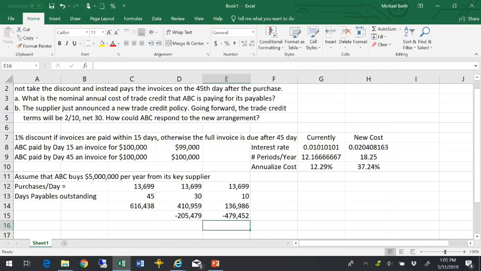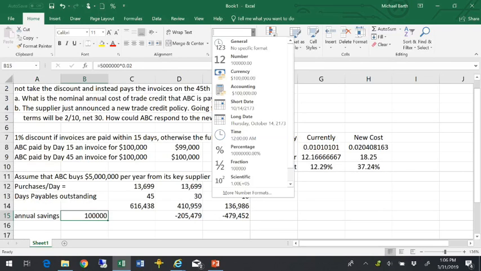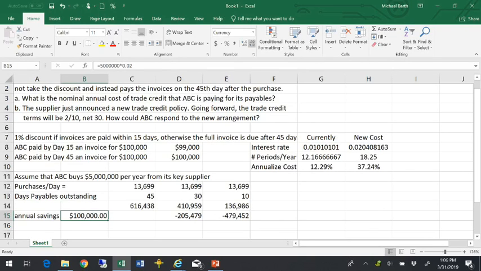On the other hand, the annual savings would be $5 million times 2%. So ABC would actually save about $100,000 a year because now they can take the discount.